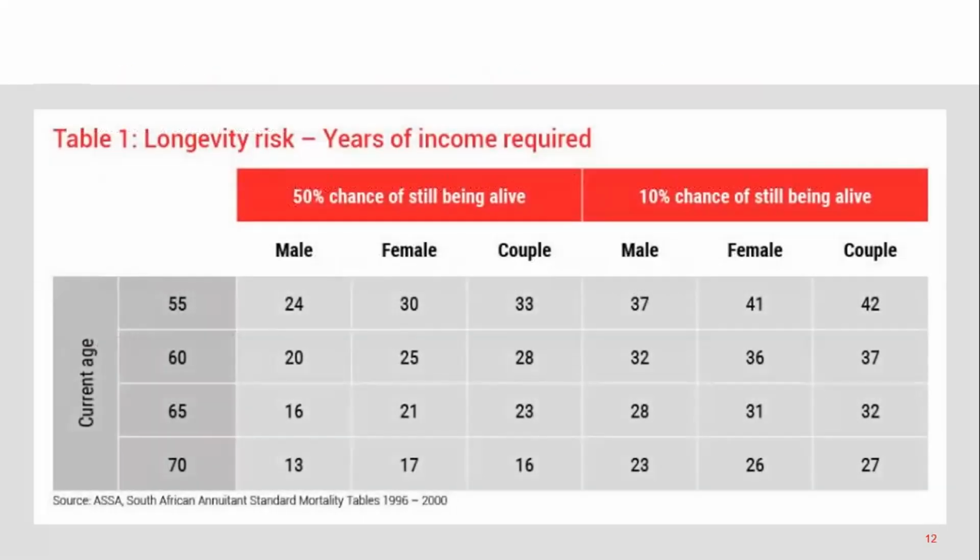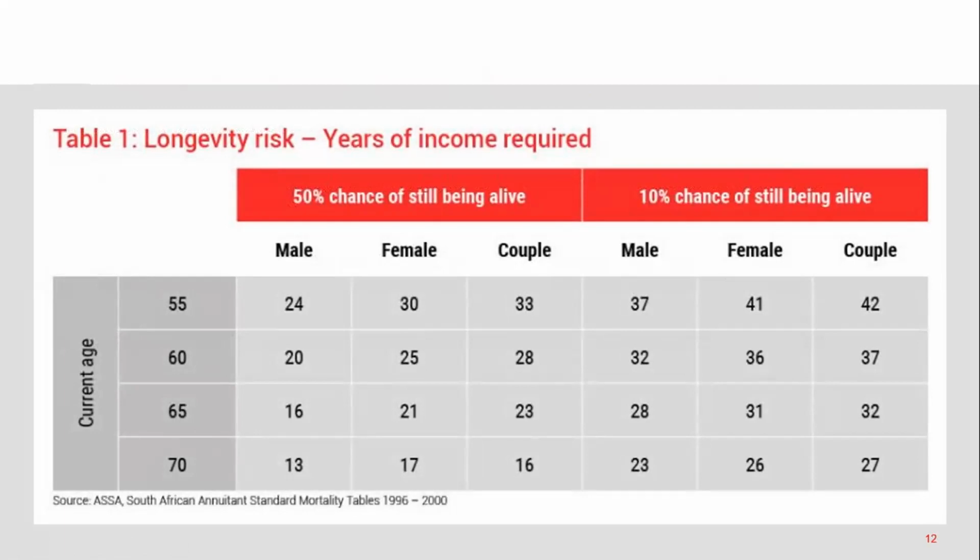As an example, if we look at a male age 65, the table shows that in order to be 50% sure that this male won't outlive his income, you should be planning for at least 16 years of income.